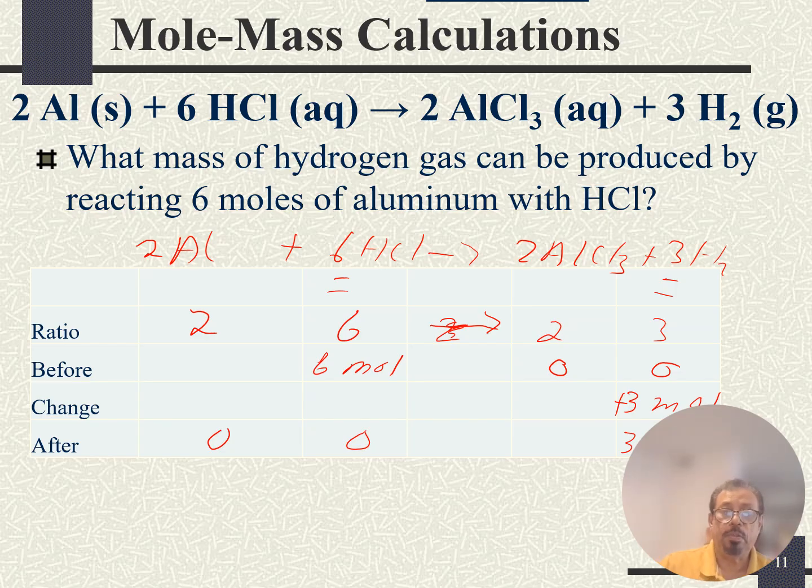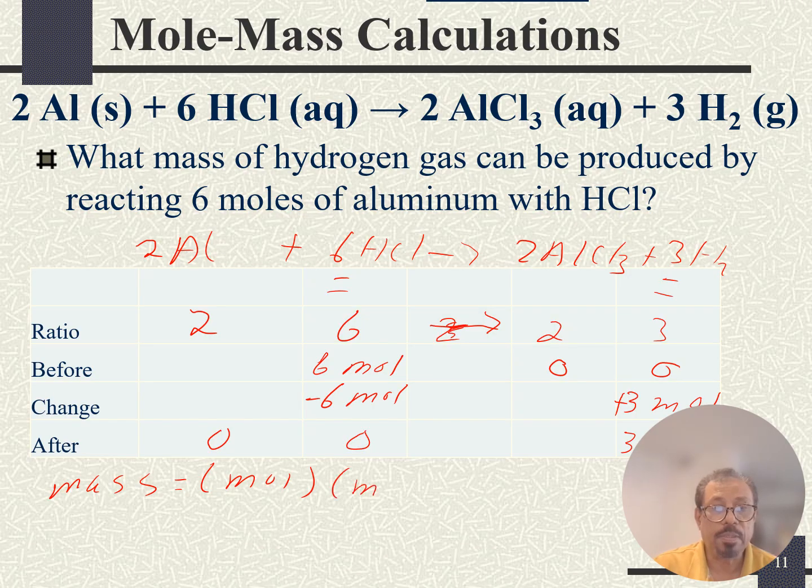So we have the number of moles of hydrogen is 3. Now to calculate the mass, as you know, the mass is mole times molar mass.